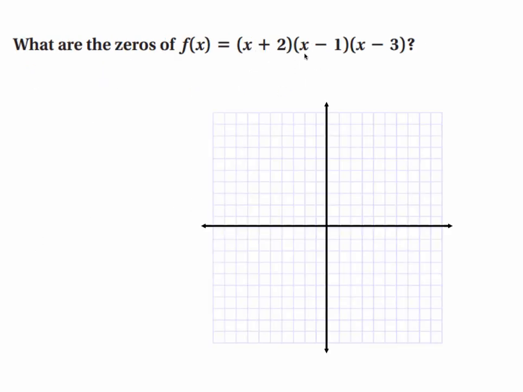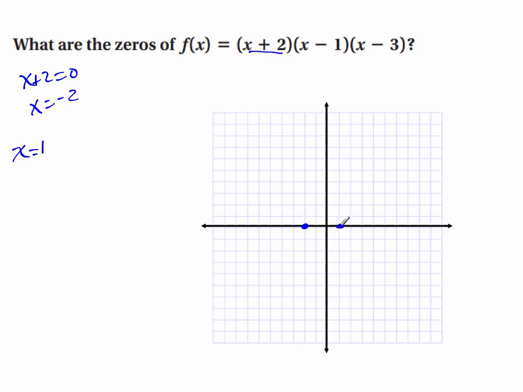Now, if I give the polynomial to you in this way, and I ask what are the zeros, well, I've got 1 zero when x plus 2 is 0, or x is negative 2. So when x is negative 2, there's 1 zero. When x is 1, I have a second zero.